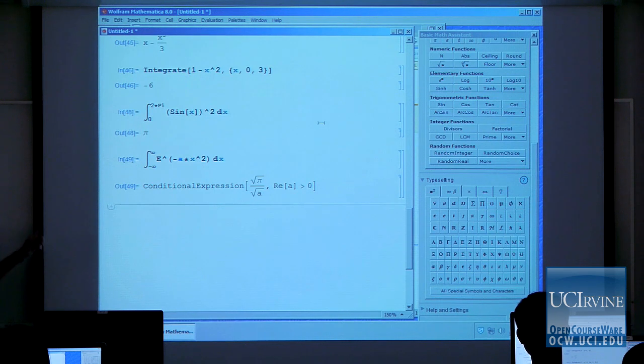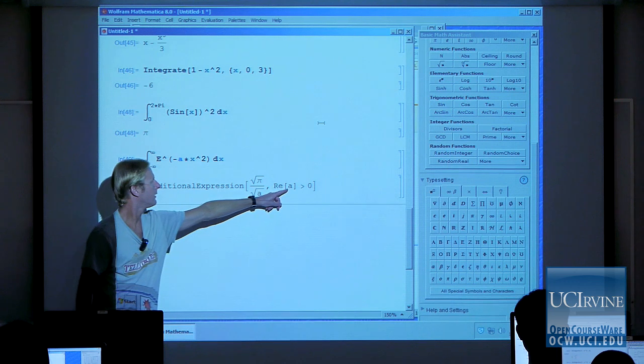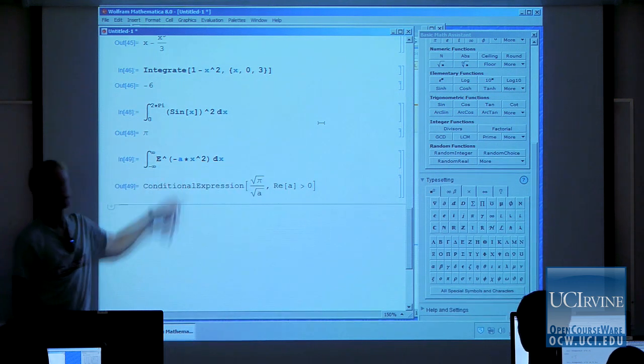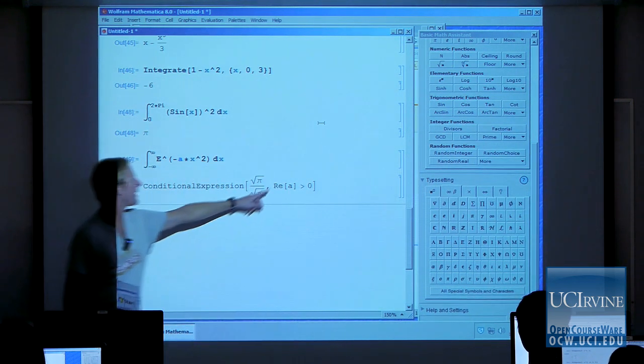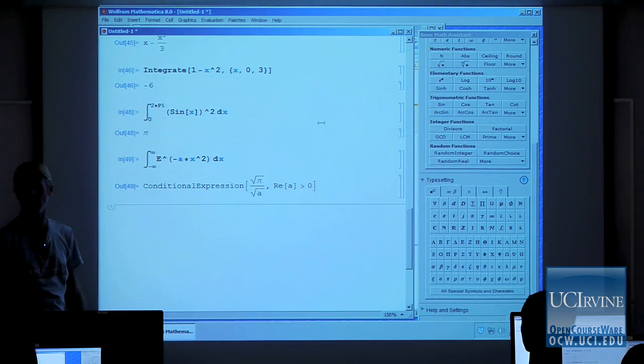Well, when you get something like this, it means that there may be more than one answer depending on the properties of the parameters in your function. Okay? So what this is telling us is that this constant a, in general Mathematica is going to assume that anything like that could be complex.